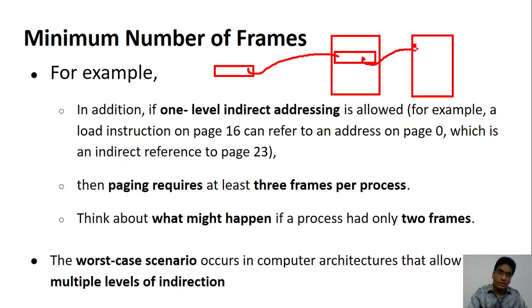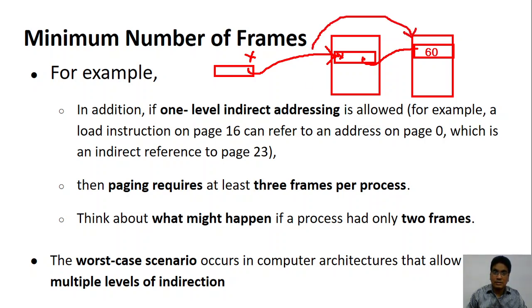So the actual data is there in some other page. Let's say you have some actual data, say 60. It says give me the value of x. So it comes here, and x is a pointer to some other location. That means you are not directly getting the value, you are getting one indirection.